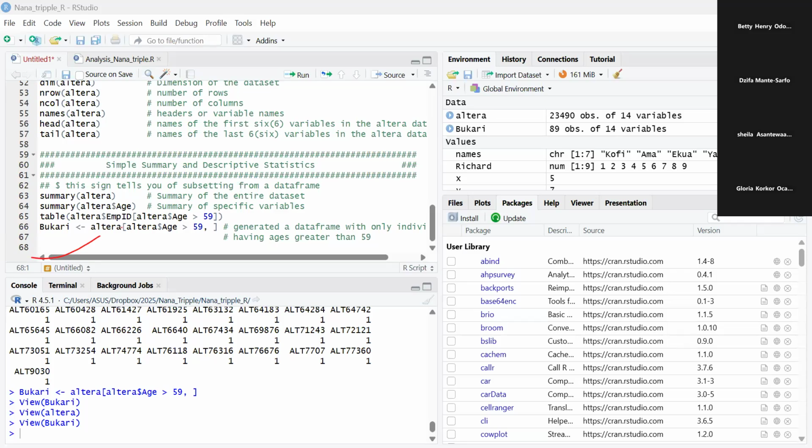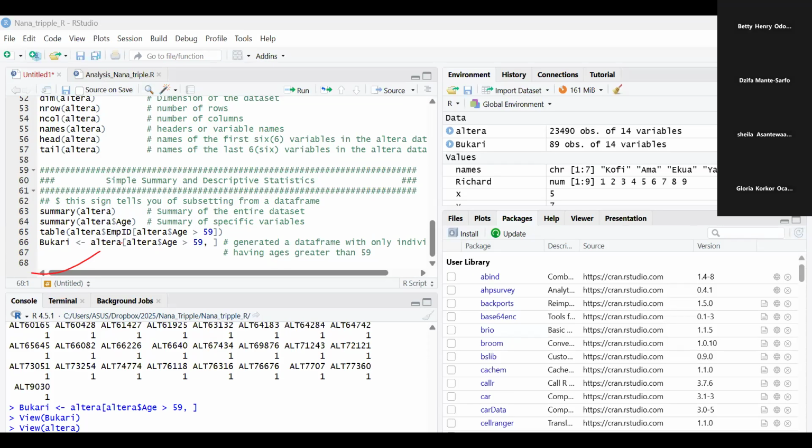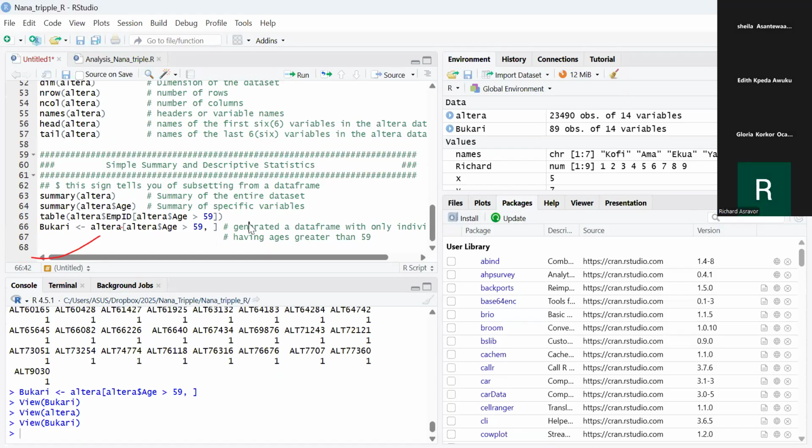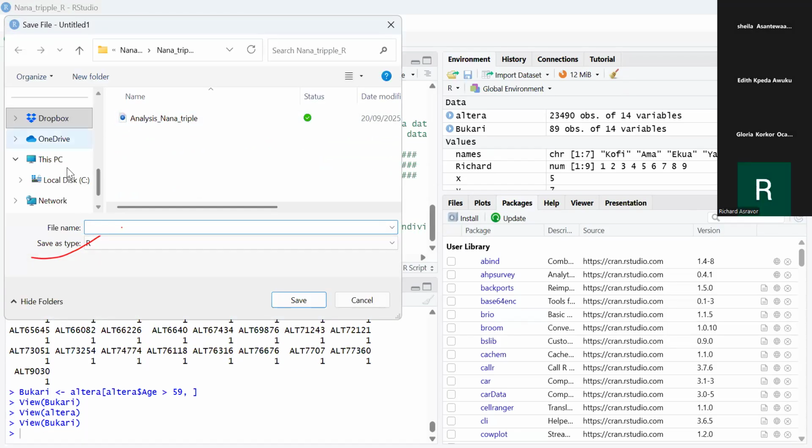So, ladies and gentlemen, they said our time is up. So I am done. Please Prof, I wanted to find out, aside from the analysis we run, can we visualize whatever analysis? My dear, relax.